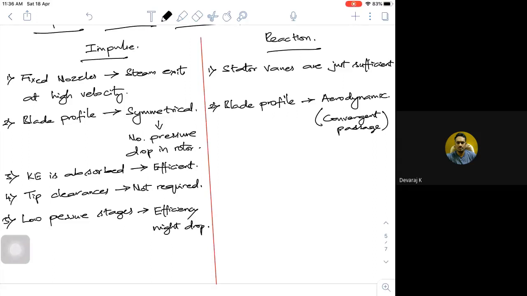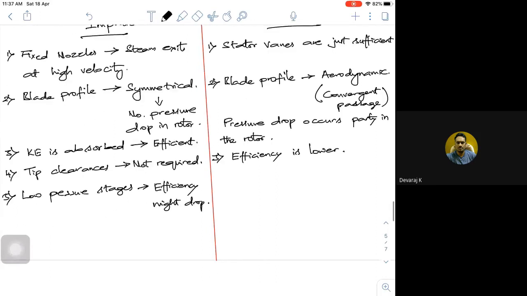Because the pressure drop occurs partly in the rotor. And the efficiency of this is always lower.